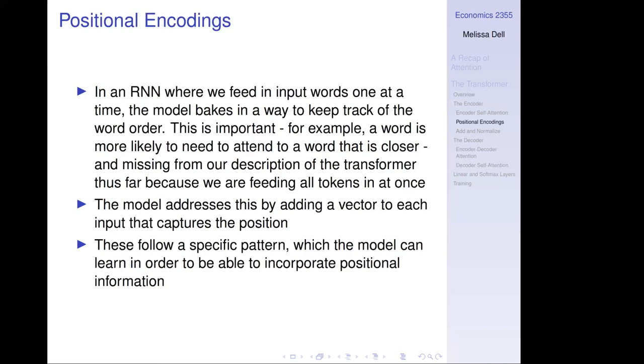And so the model addresses this by adding a vector to each input at the beginning of the model. And these follow a specific pattern which the model can learn in order to incorporate positional information.